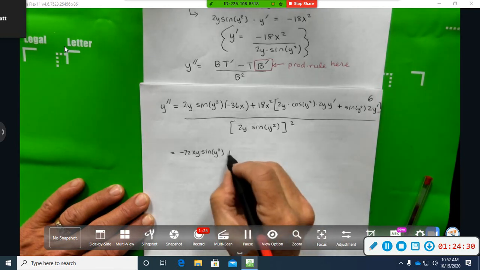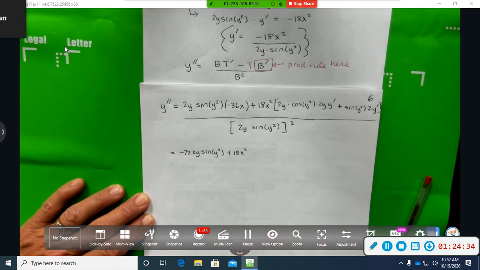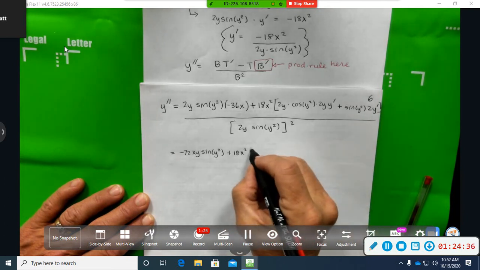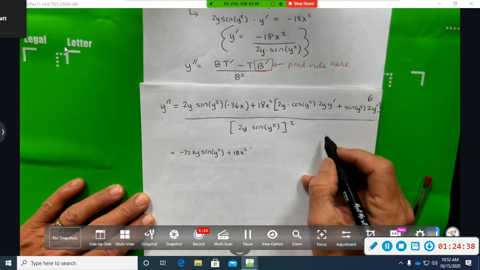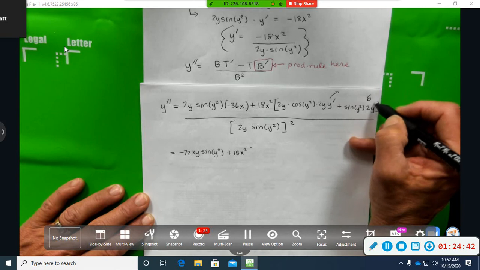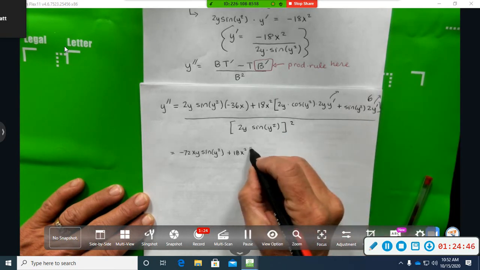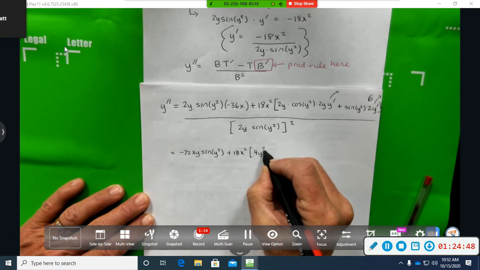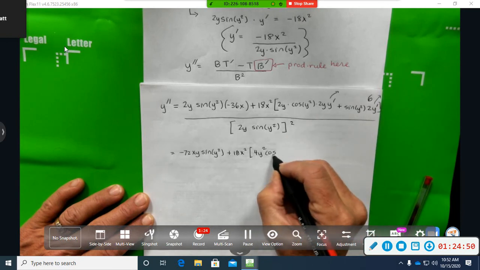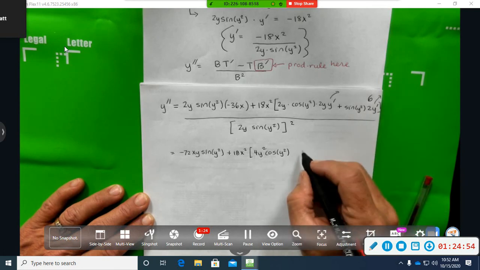I'm going to keep that as a plus 18x squared out front. I guess I should factor something out, huh? Yeah, let's factor out a y prime. So here I'm going to have 4y squared cosine of y squared. And here I'm going to have 2 sine of y squared.